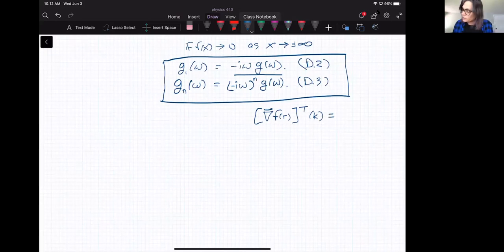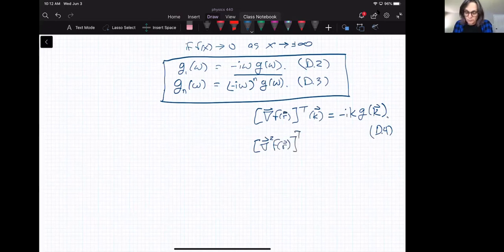This is essentially what we just did, minus ik times g(k). These are all vectors. So if you're looking at the gradient of something, that's always going to be the case when you do the Fourier transform. The Fourier transform of the Laplacian is, as you might expect, just minus k squared times the Fourier transform.